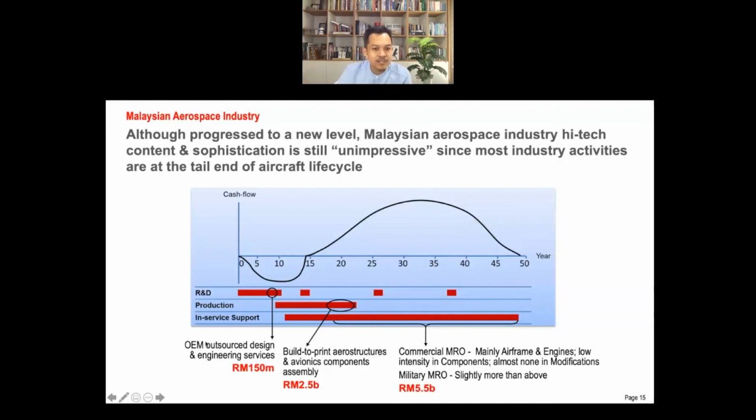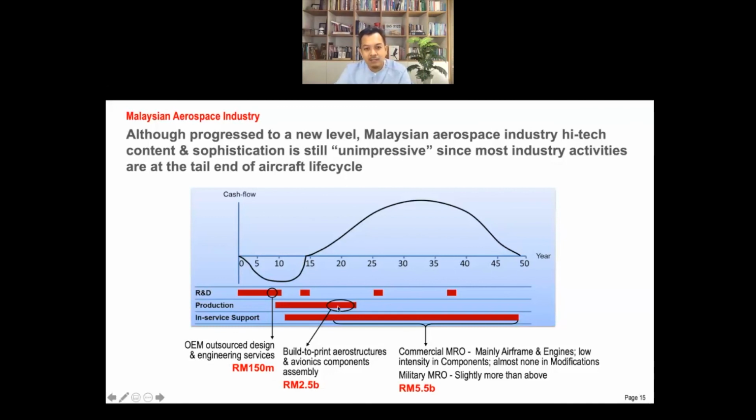So we can see here our involvement, Malaysian companies' involvement in R&D. We only managed to get around 150 million ringgit. It sounds a lot, but it is very small compared to the other countries that obtain the work packages for design.